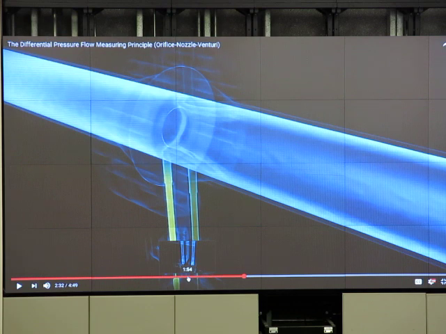So we need enough pressure drop so that we can measure it accurately and then convert it back to flow rate. If it is too much, we have to consider a bigger hole for the orifice plate, or change from orifice plate to nozzle or Venturi tube. Okay, so nozzle and Venturi tube have less pressure drop.